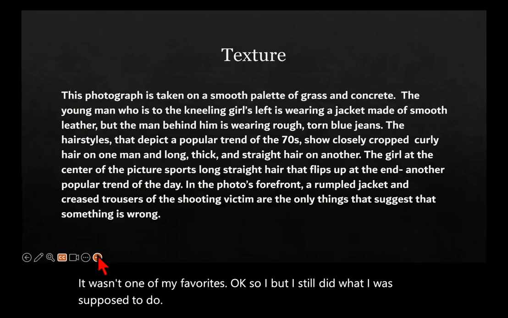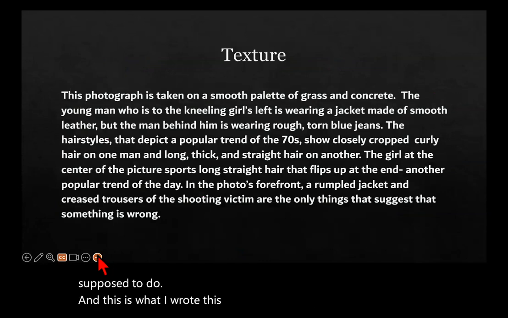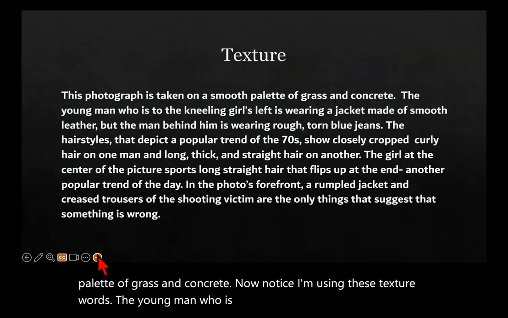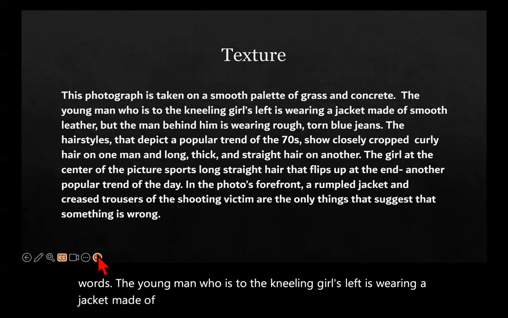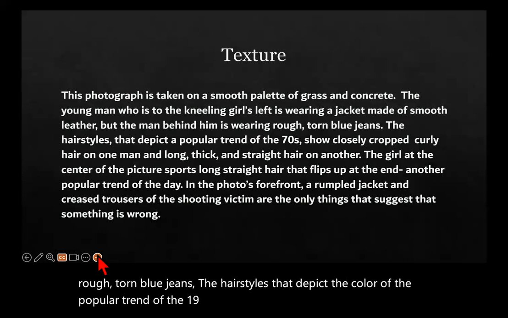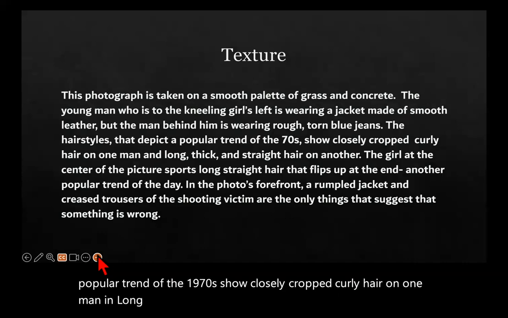And this is what I wrote. This photograph is taken on a smooth palette of grass and concrete. Now notice I'm using these texture words. The young man to the kneeling girl's left is wearing a jacket made of smooth leather, but the man behind him is wearing rough, torn blue jeans. The hairstyles that depict the popular trend of the 1970s show closely cropped curly hair on one man and long, thick, and straight hair on another.